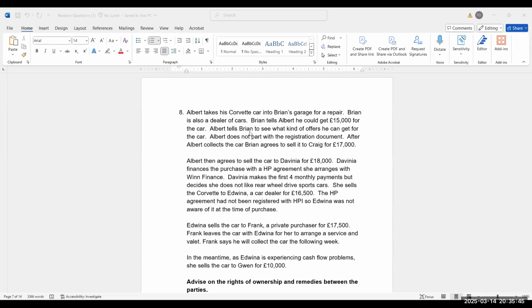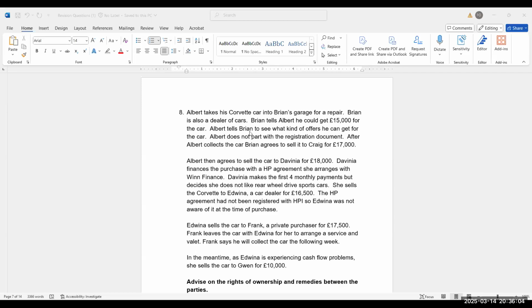So Edwina now moves on to sell that car a second time to Gwen. So we can see that Gwen can obtain good title under Section 24, which provides for transfer when there's a second sale by a seller in possession.